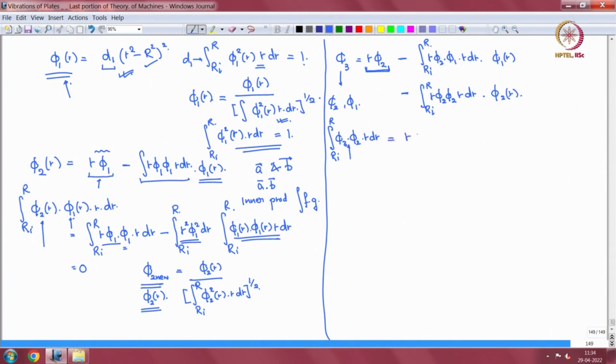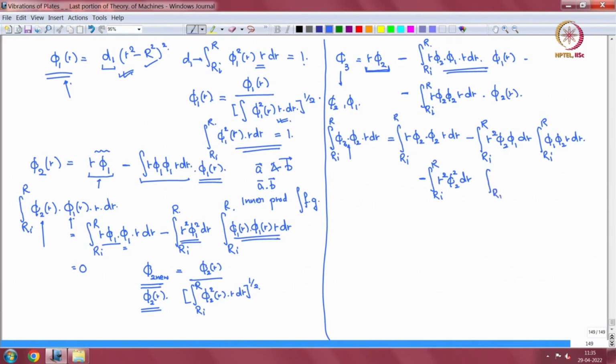It is equal to the integral of r times phi 2, multiplied by phi 2 r dr, minus the integral of r square phi 2 phi 1 dr times the integral of phi 1 phi 2 r dr, minus the integral of r square phi 2 square dr times the integral of phi 2 square r dr.